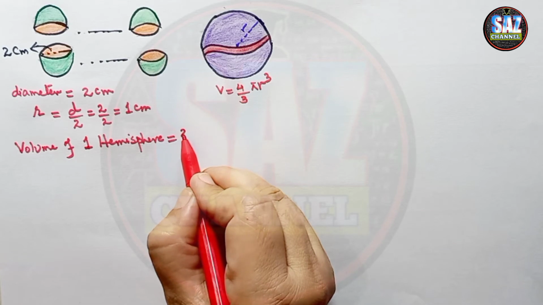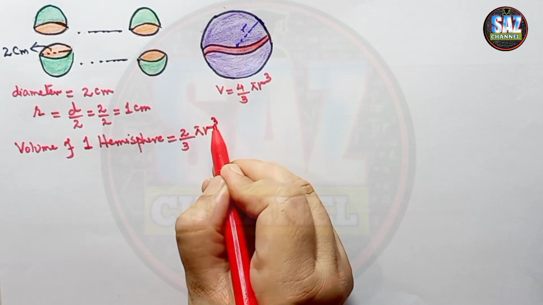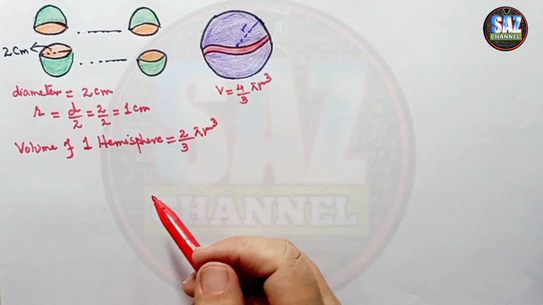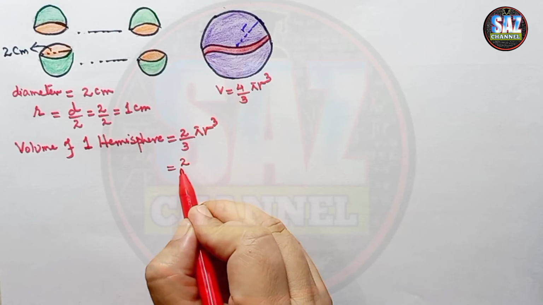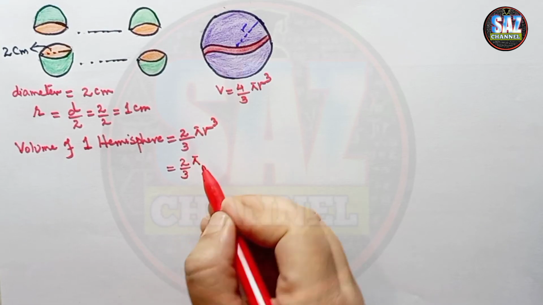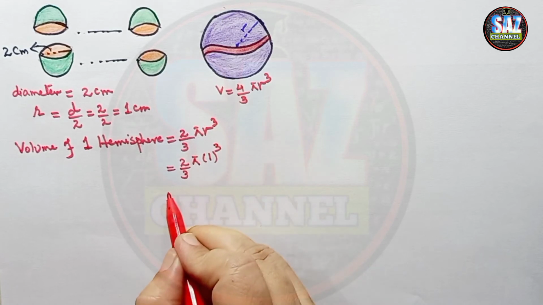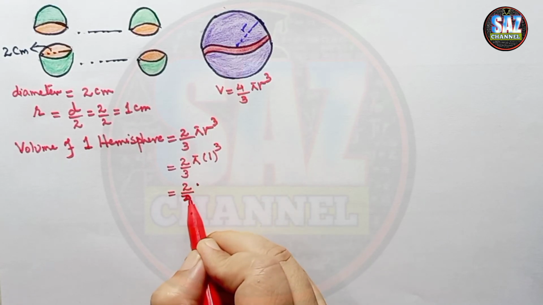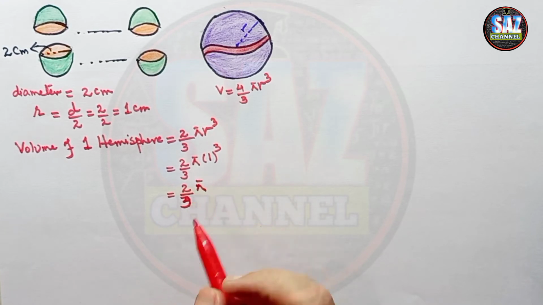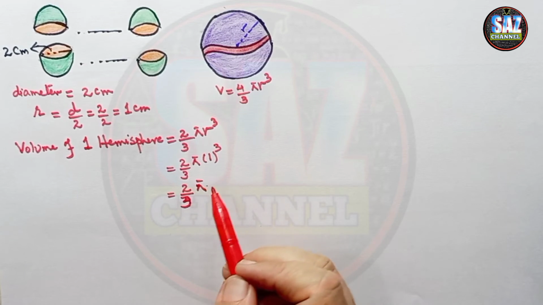So it can be in the form 2 by 3 pi r cube. Okay, we have to make the volume half as well. Now radius in the question is 1, so 2 by 3 pi into 1 cube. Okay, and it can take the form 2 by 3 into pi. This is the volume of one hemisphere. Let the value of pi stay as it is for some time.